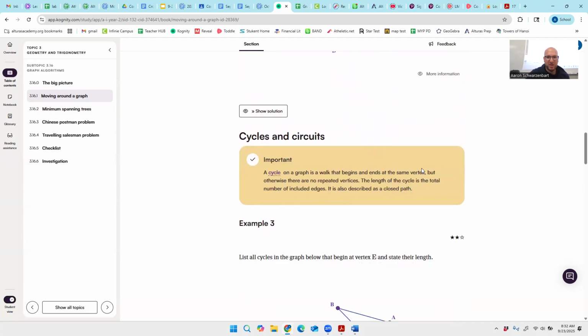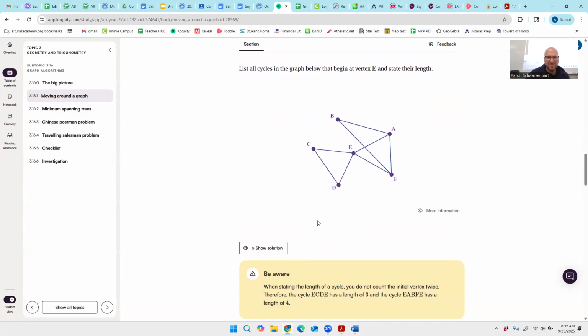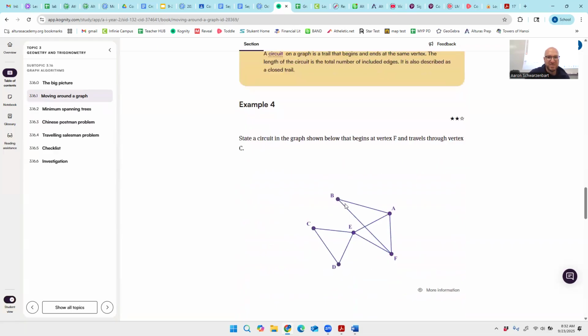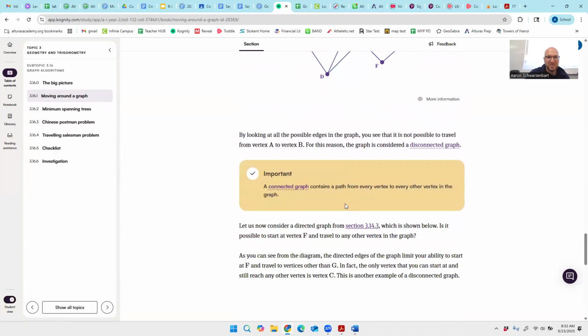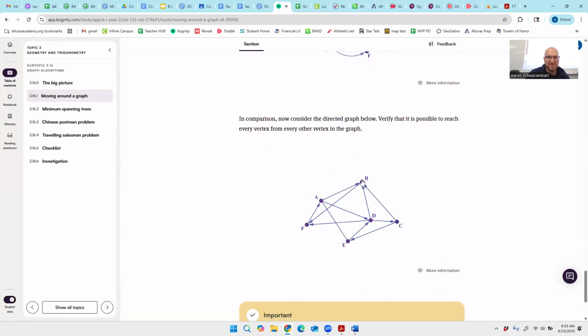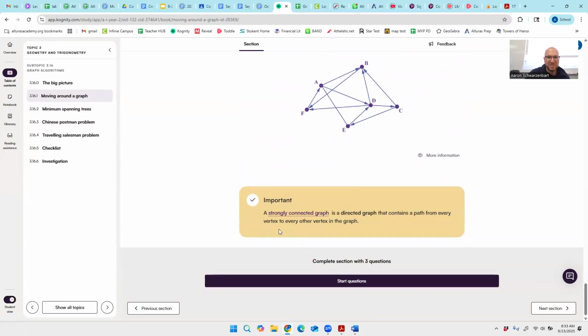A cycle walk begins and ends at the same vertex. A circuit is a trail that begins and ends at the same vertex, so it hits every edge. A connected graph contains a path from every vertex to every other vertex. What was the other term we needed?